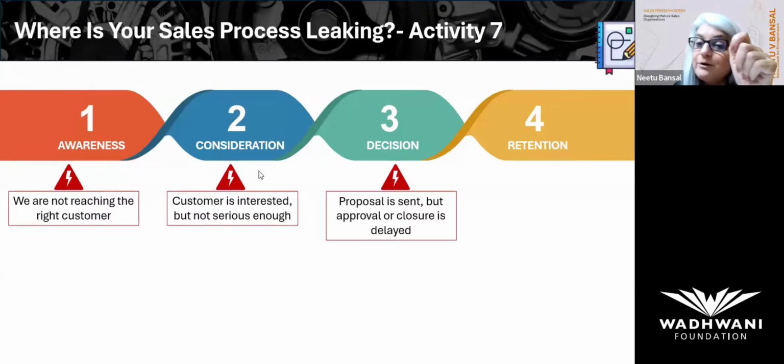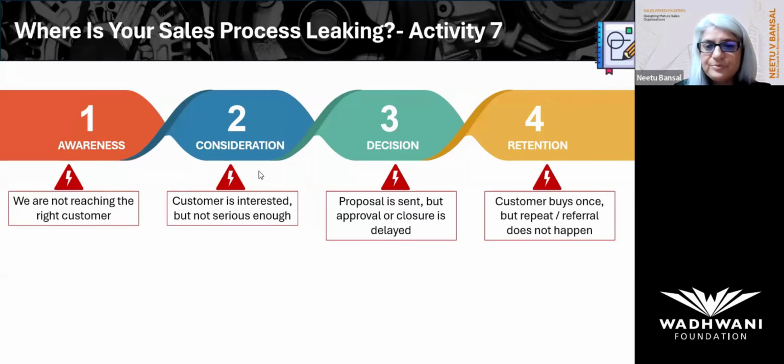It could also be that you're not talking to the decision maker. You're talking to somebody who is basically taking the information from you and giving it to the decision maker. Right? Or it's happening at a stage where customers are coming, are buying, yes, but only once. Where is your leakage happening? At which stage?